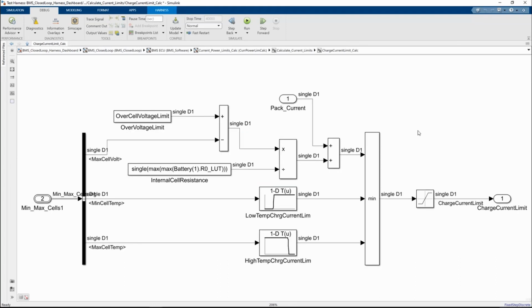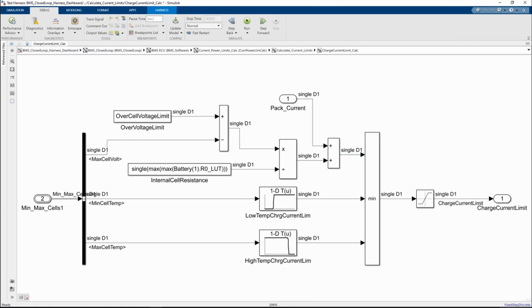While the cell is at low SOC, its voltage is low, and it's important to prevent the cell from delivering a large amount of current, since this would cause an excessively large voltage drop that could potentially go below the cutoff voltage. Comparing the minimum cell voltage in the module against its lower threshold and dividing it by the maximum internal resistance value calculated for this cell, we compute a voltage-based current threshold.